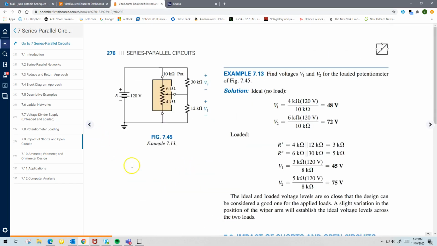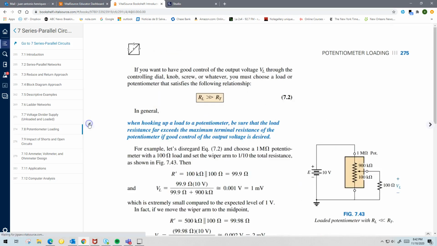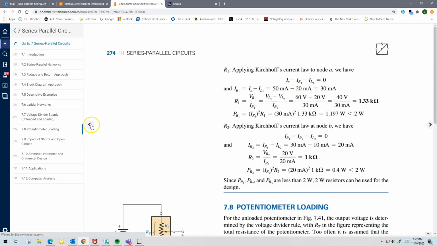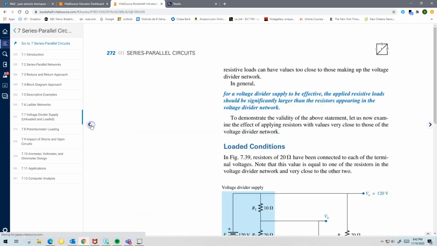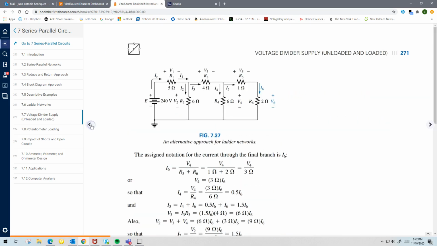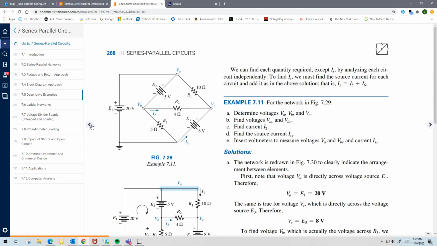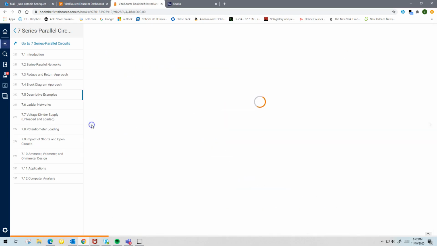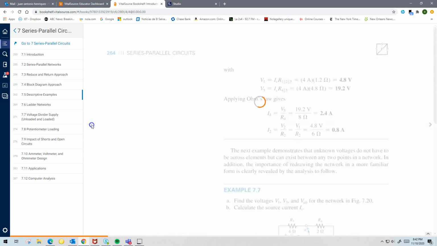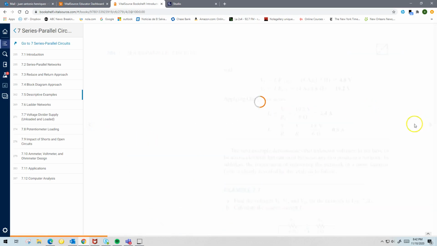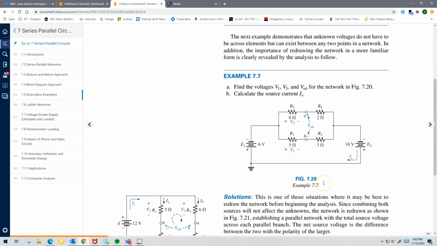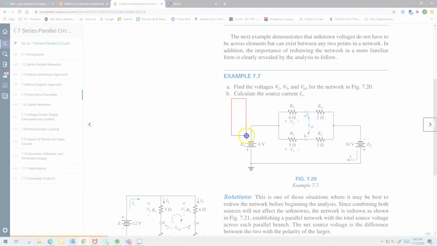Let's see, where's example 7.7? No, we got to go back. I don't remember what we're looking at in 7.7. Well, that's really way at the beginning. Okay, there we go. So this is the same example. The difference is going to be, let's see if there's any differences in the circuit itself.